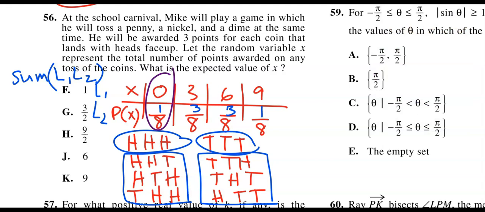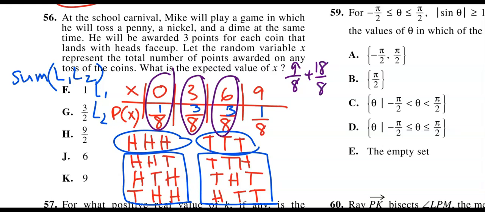Well, 0 times 1/8 is not all that eventful. 3 times 3/8 would be 9/8. 6 times 3/8 would be 18/8. And then 9 times 1/8 would be 9/8.